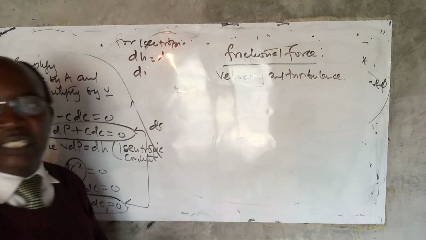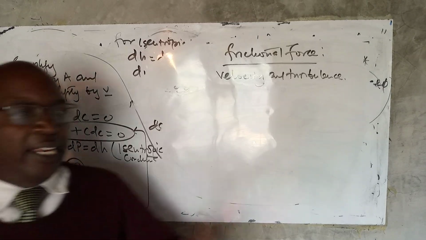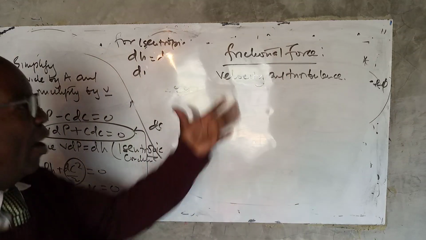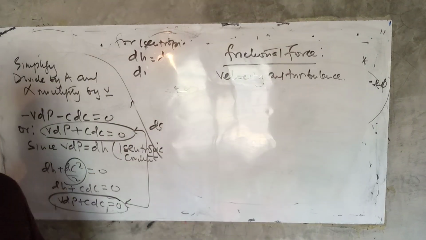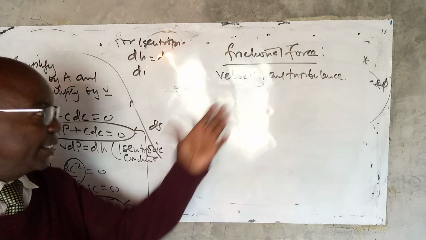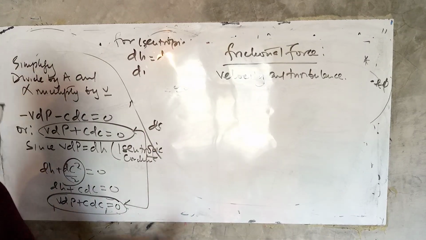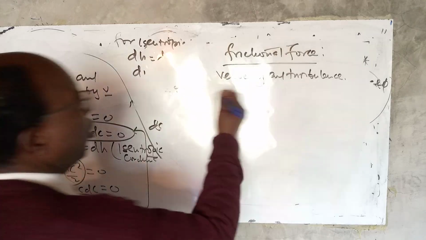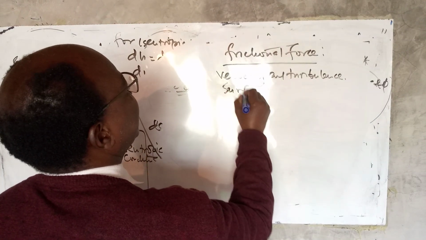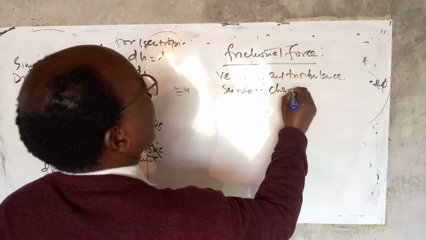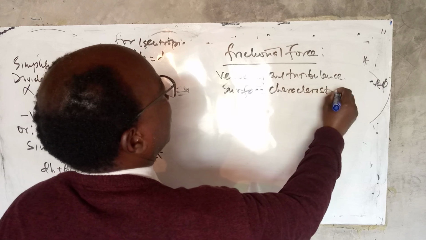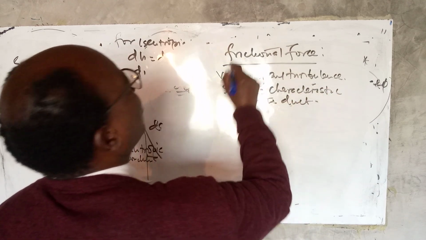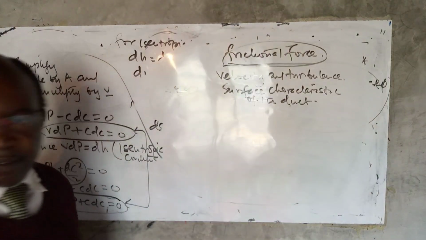We have a lot of discussions in our earlier lectures dealing with flow, whether turbulent or streamline flow and so forth, and we looked at various elements and models to discuss those particular things. So I keep encouraging you to look at our lectures and follow them systematically. And also the surface characteristic of the duct. This will affect the frictional force.